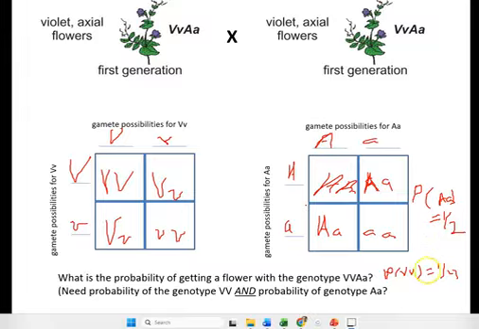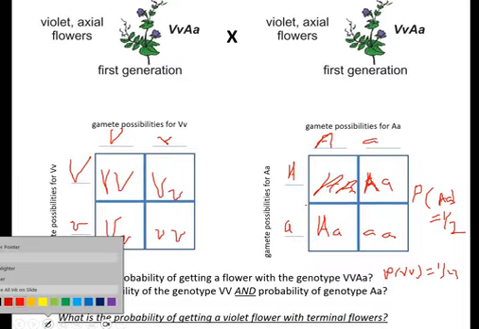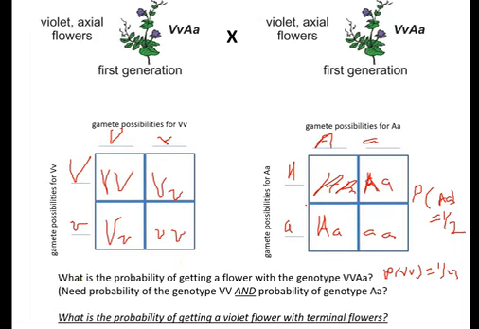All right, so at this point, I know that my probability of a big V, big V is 1 out of 4. There's my Punnett squares right there. I know the probability of a big A, little a. Sorry, real quick.